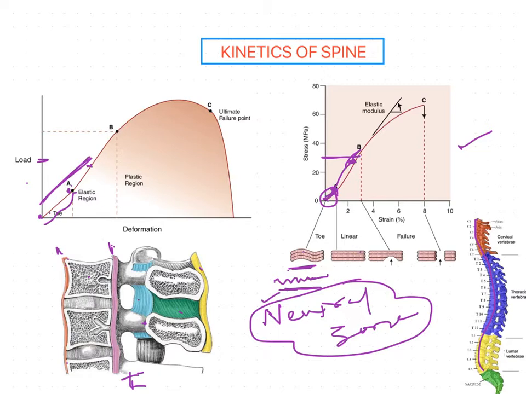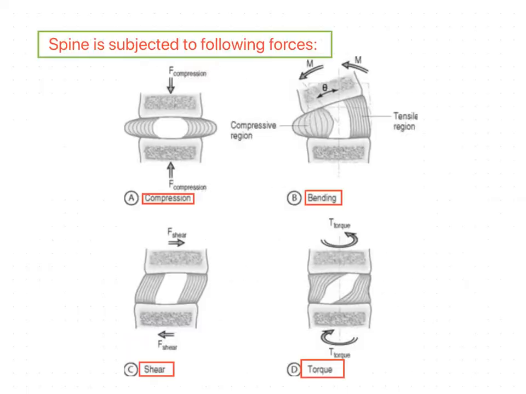Next we will move on to the next topic of kinematics, that is the spine or the vertebral column is subjected to the following forces: axial compression, bending forces, shear forces, and this one is the torsional forces.